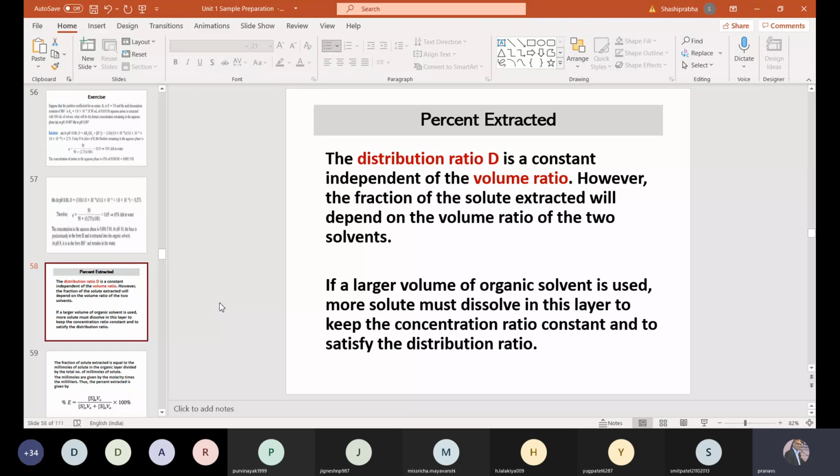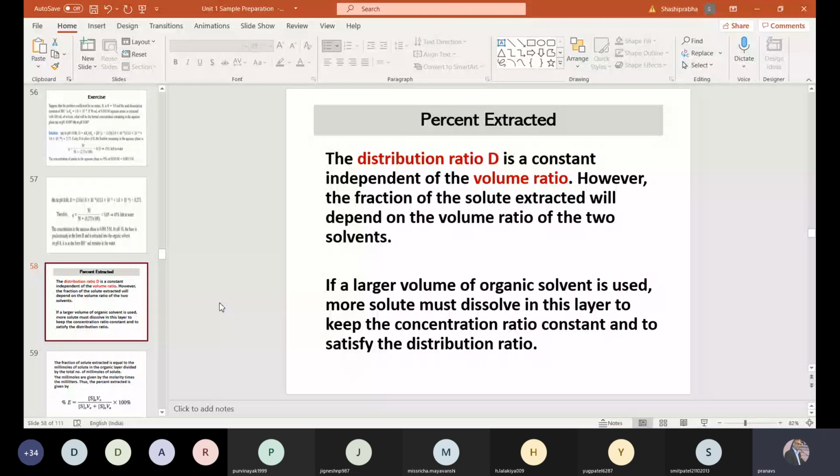मतलब कहने का मतलब ये है, distribution ratio is independent. It is a constant, but if we increase the organic solvent volume, more solute or analyte will be dissolved or partitioned. That means the fractions would change.